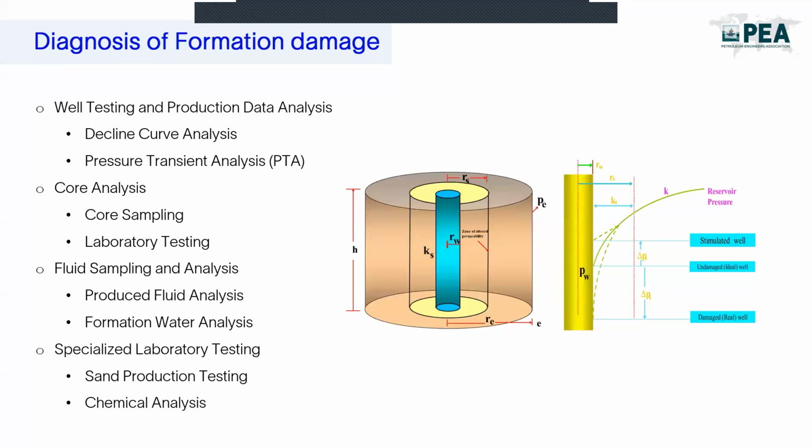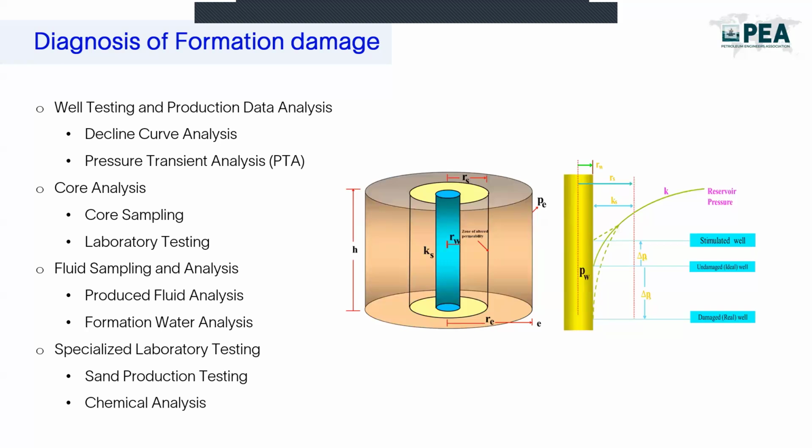Of course, I will start with well testing and production data analysis. What I mean by production data analysis is the decline curve analysis. This method involves analyzing the production decline curves over time to identify abnormalities that may indicate formation damage.